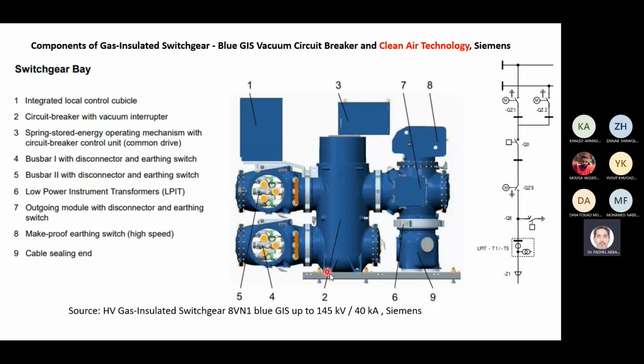And here we have the circuit breaker, okay. We have the cable, this is number 9, the cable end, which is the cable leaving the breaker. So all of this is here inside this.